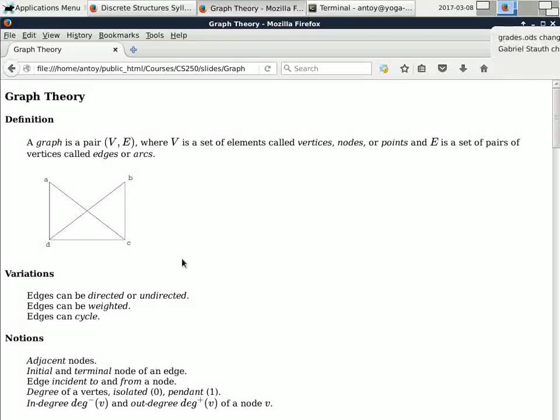No, if you have two trees, let me write the two trees here. If I have a tree here, are these isomorphic?